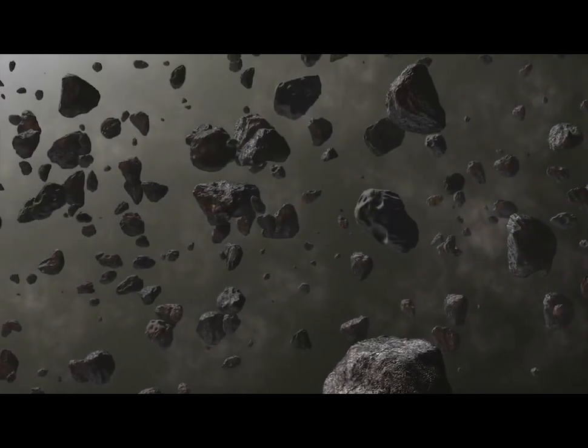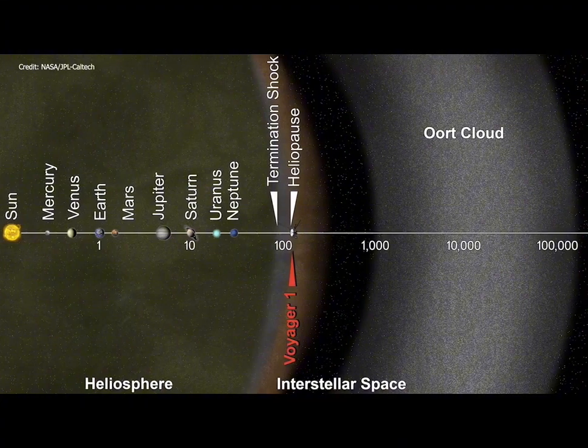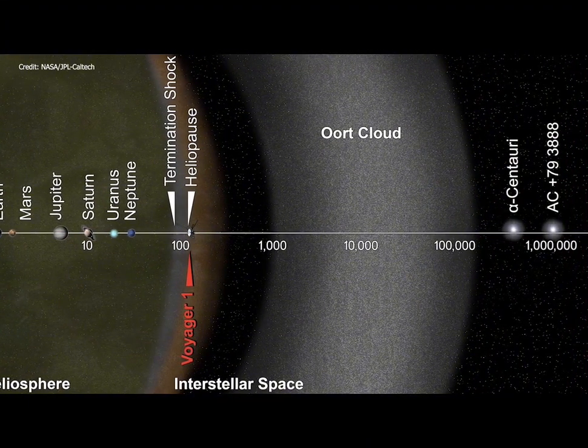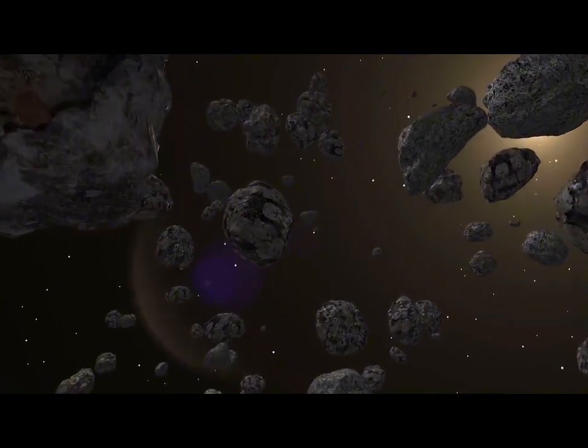Billions or maybe even trillions of them orbit our Sun far from the planets in an area called the Oort cloud. The Oort cloud is home to the majority of today's comets. This huge spherical cloud surrounds the solar system at a distance between 5,000 and 100,000 astronomical units.